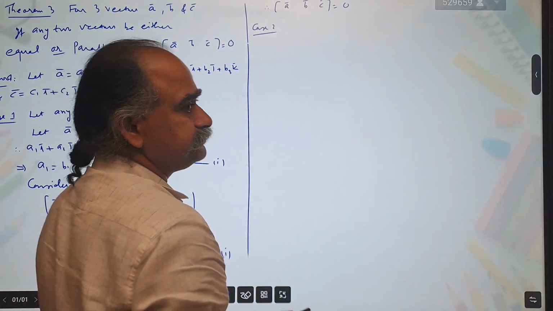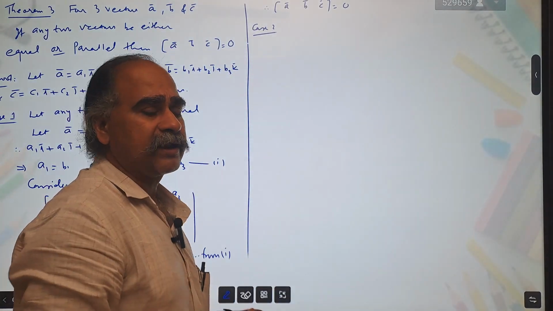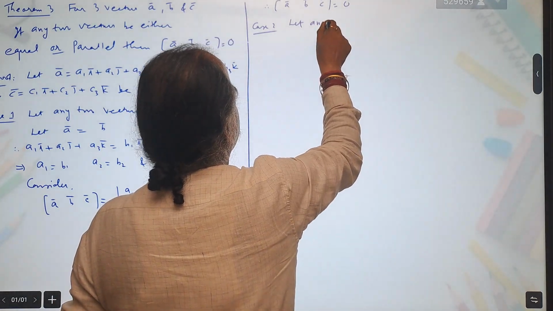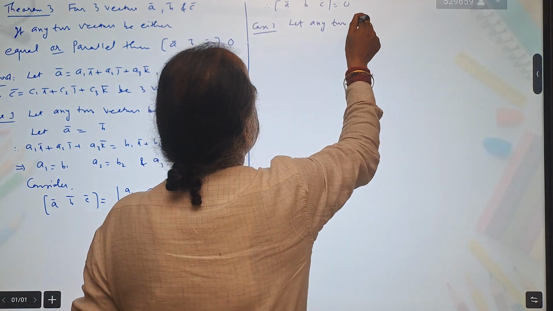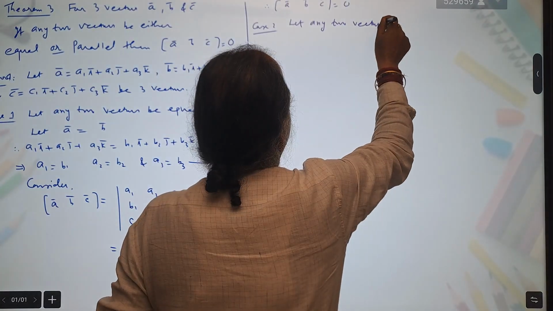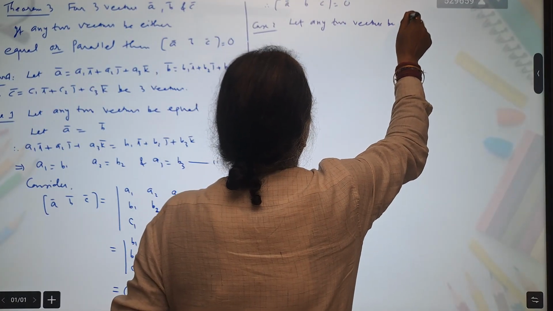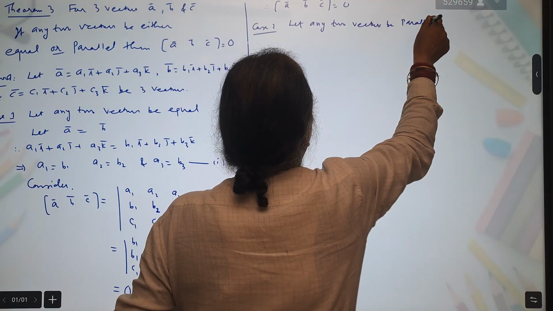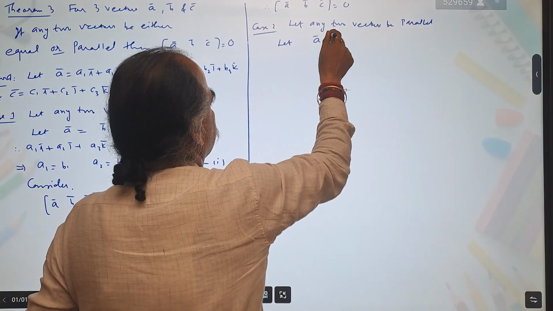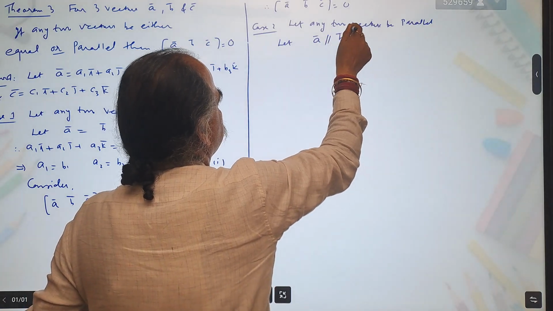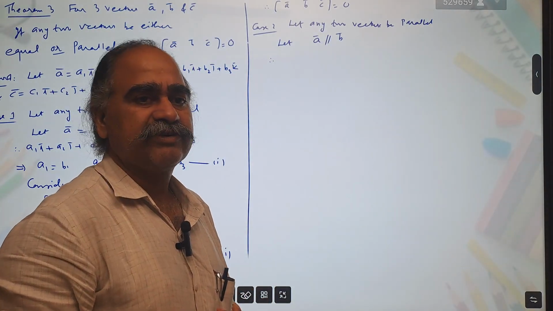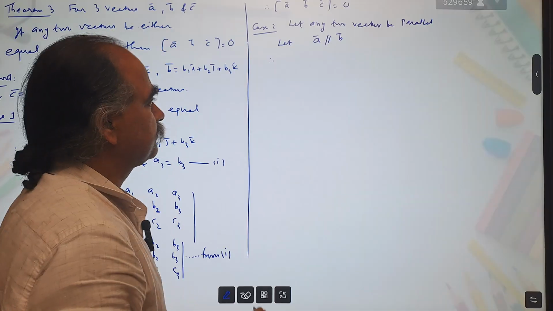Case 2 is what? Let any two vectors be parallel. We'll assume let A bar parallel B bar. When two vectors are parallel, one of the vectors is a scalar multiple of the other.